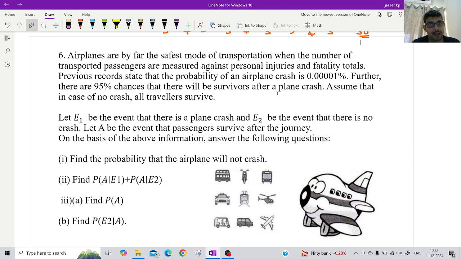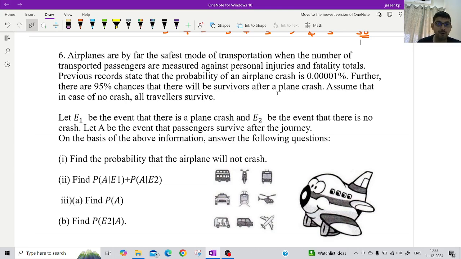Assume that in case of no crash, all travelers survive. So let E1 be the event that there is a plane crash, and E2 be the event that there is no crash. Let A be the event that passengers survive after the journey. So events are given in this problem.